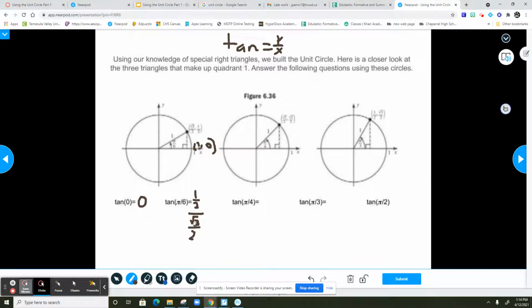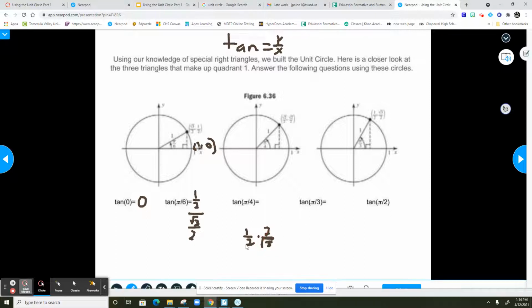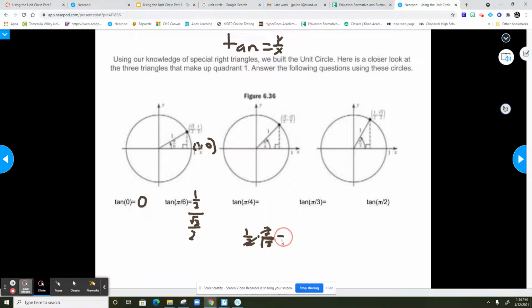When you're dividing by a fraction, you are technically multiplying by the reciprocal. So I'll do a little side work down here. Another way to do that is you're going to write 1/2 times 2 over rad 3. If you multiply that together, those 2's cancel out. You get 1 over rad 3.